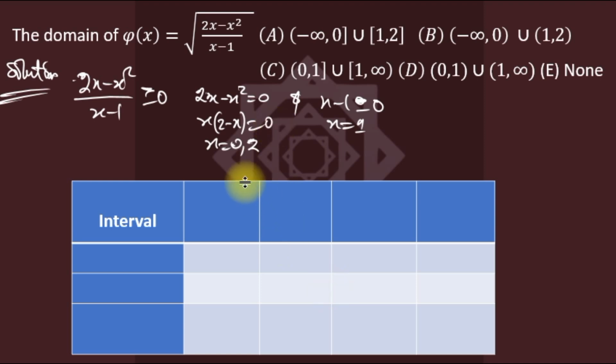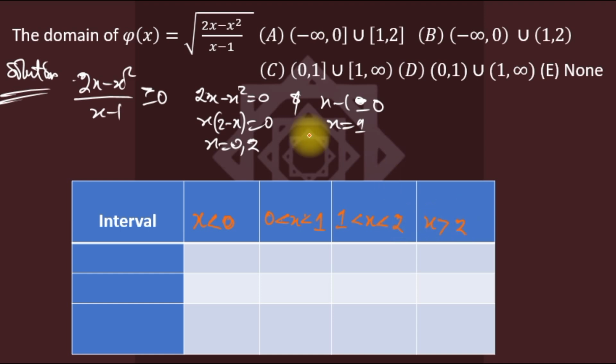The smallest is 0. So let's check where x is less than 0, where x is between 0 and 1, where x is between 1 and 2, and finally where x is greater than 2.